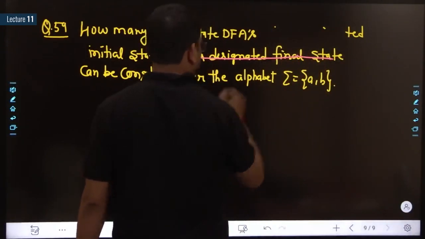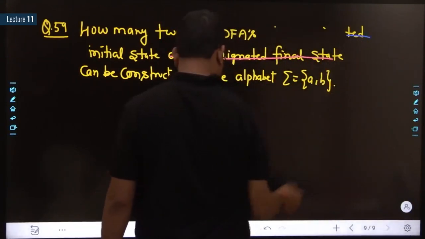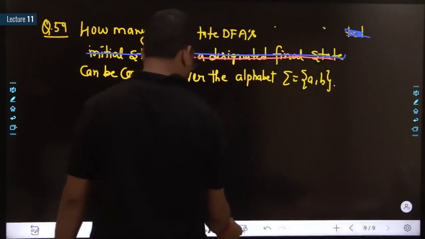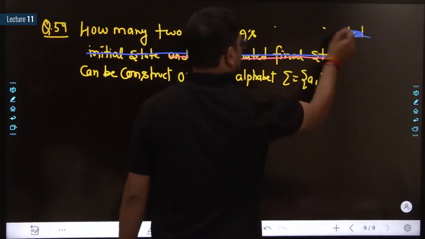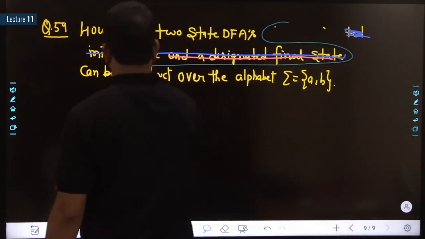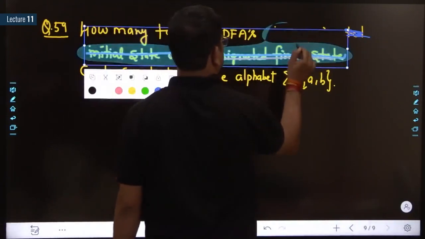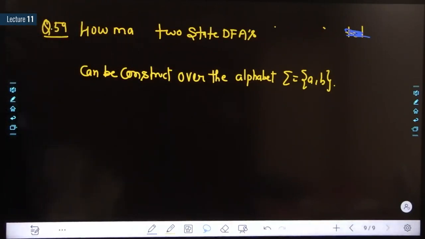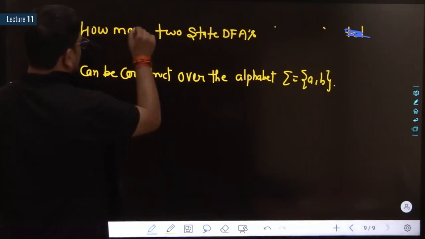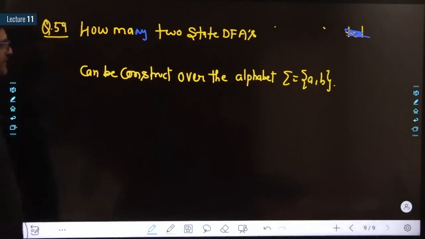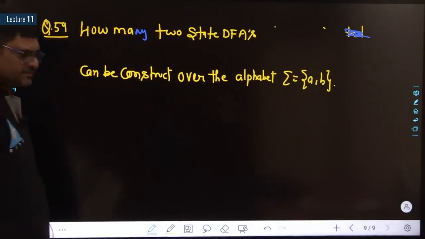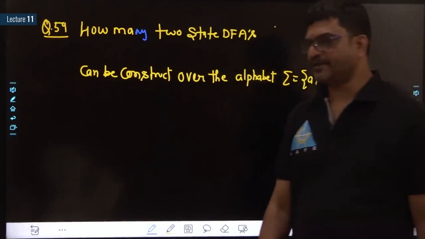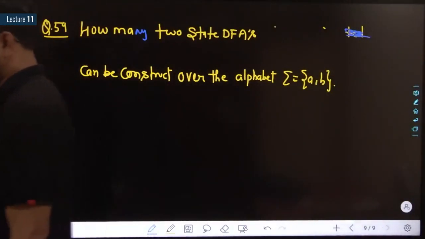This condition is also not given. How many two-state DFAs can be constructed over the alphabet A, B? Now, try to do this question.